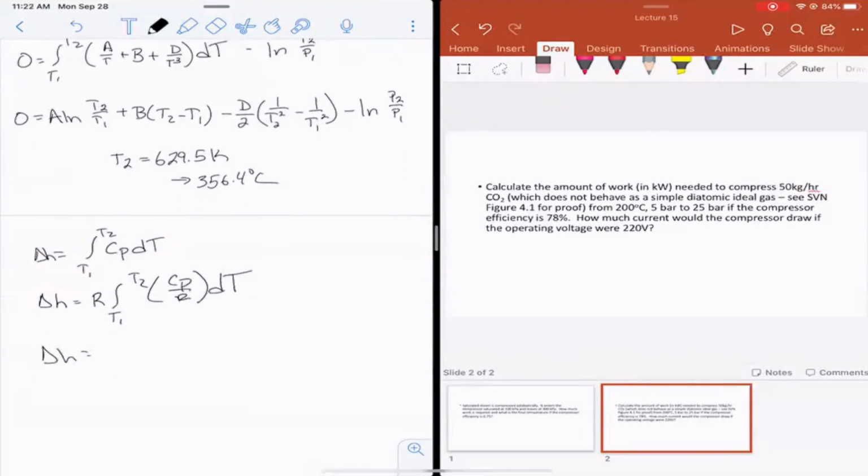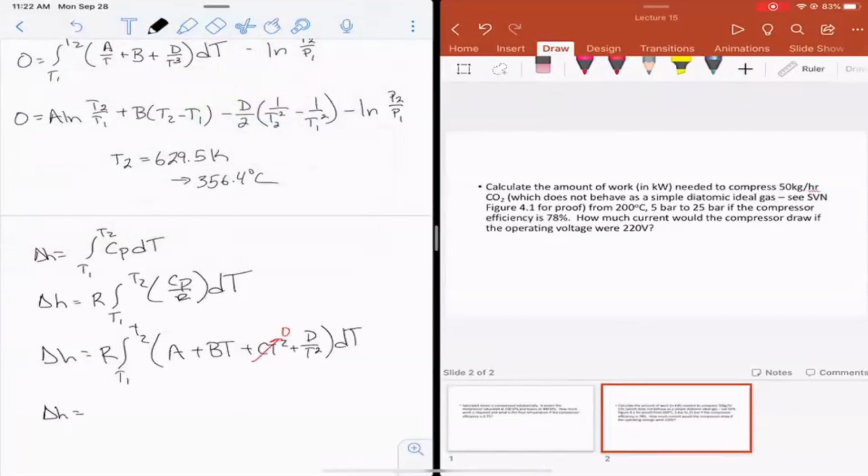That's equal to R times the integral of A plus BT plus CT squared plus D over T squared dt, and again C is equal to 0, so we won't bother with that moving forward.